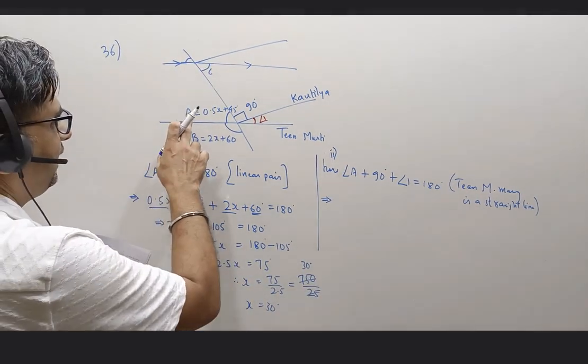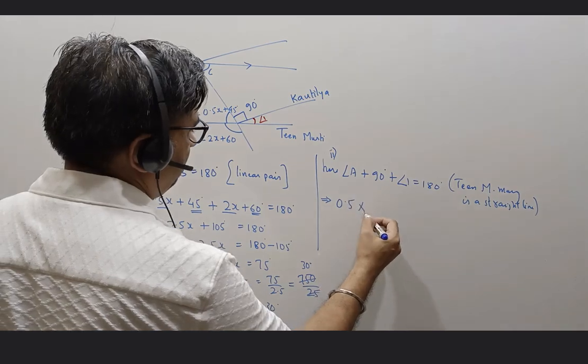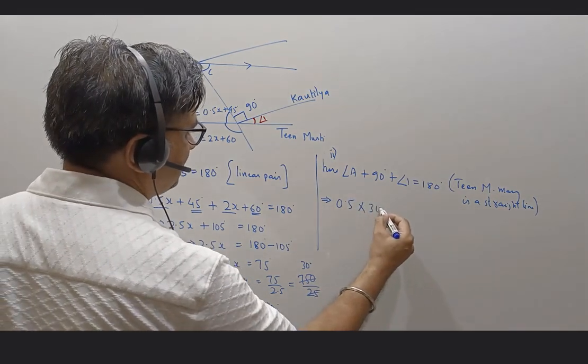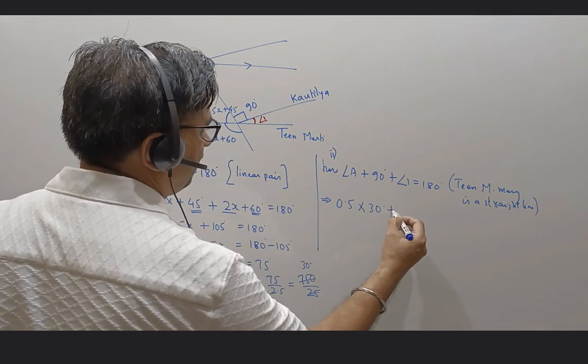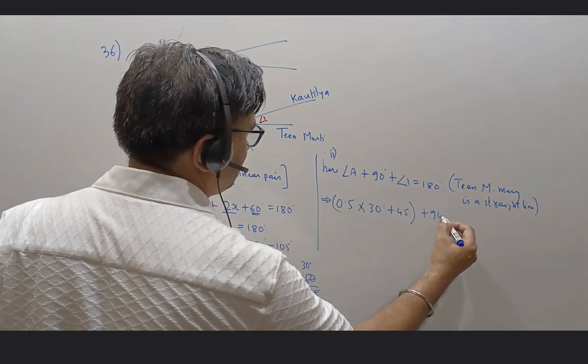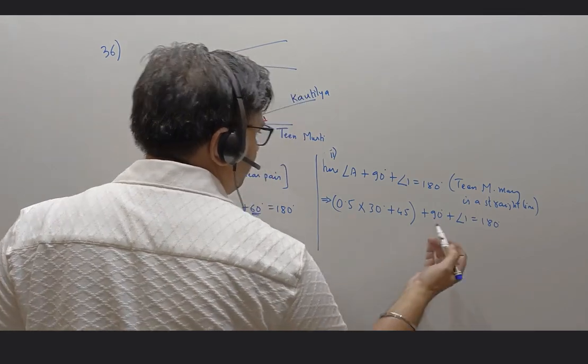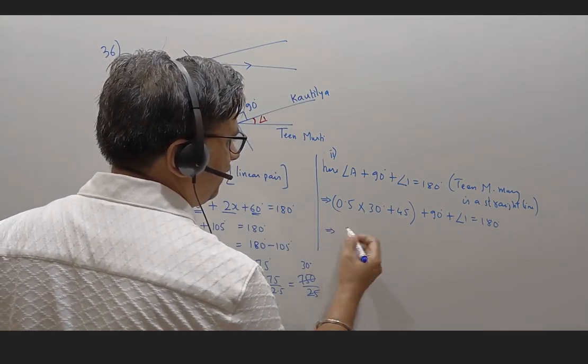Angle A in this case is 0.5 into x. We found x as 30 plus 45. This is the value of A, plus 90 plus angle 1 is 180 degree. So from here we will be able to find out the value of 1.